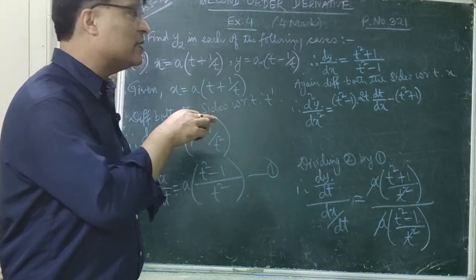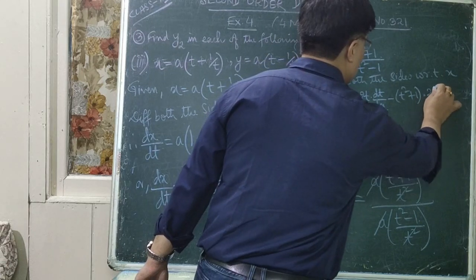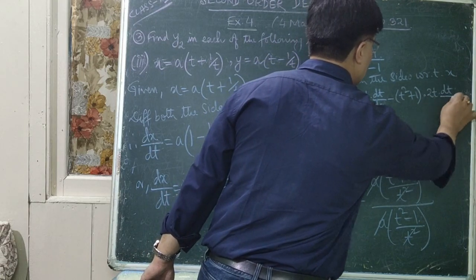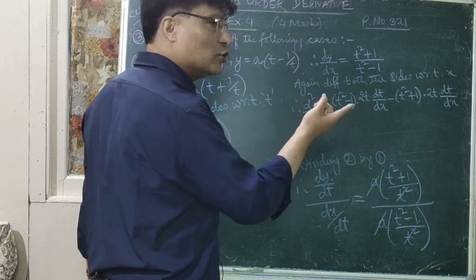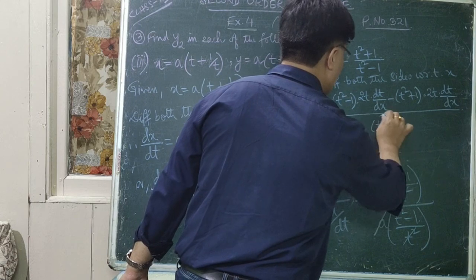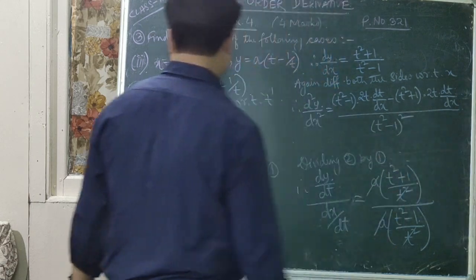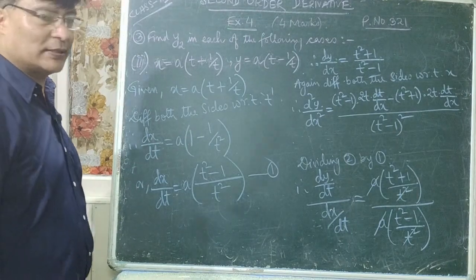Now again you have to differentiate the denominator with respect to x. That is, for t square it is 2t into dt by dx. Minus 1 gives 0. Whole divided by, in the denominator what do we write? T square minus 1 whole square. So you have understood it, okay?